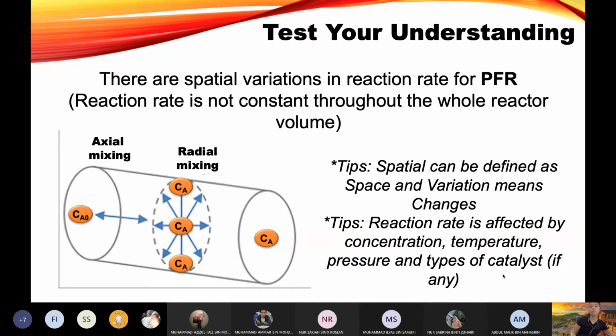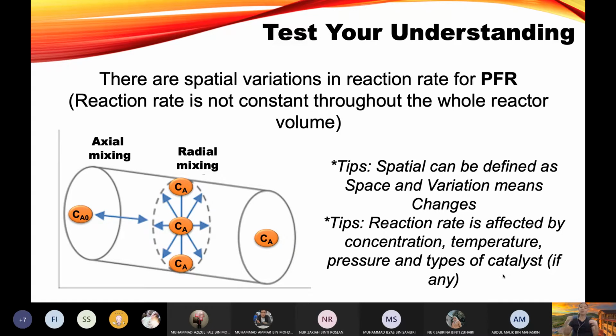Okay. For PFR pula, you must remember PFR ni they have no stirrer. Remember PFR is just a cylindrical pipe. Normally to save space they will call the pipe. So dalam pipe tu, right, imagine one pipe, the reactant will travel across the pipe. So the further it travels, more reactant will be converted.